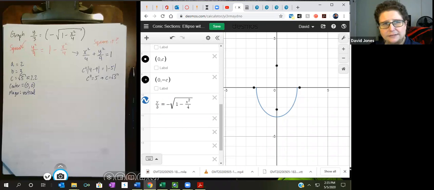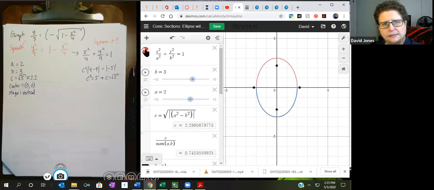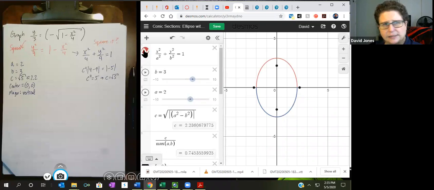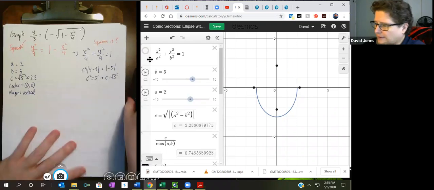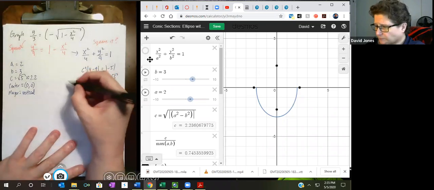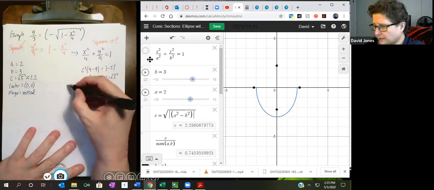What's the difference? Why does this one have the upper half and this one doesn't? The actual one is the bottom one. What's going on here?